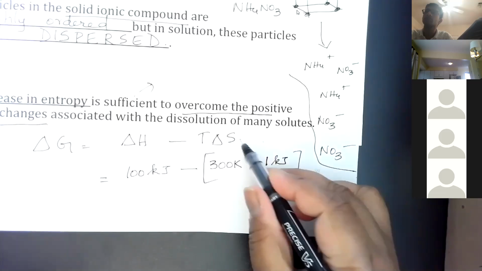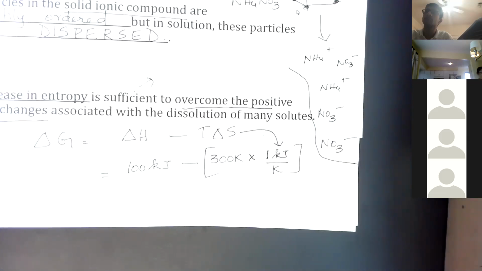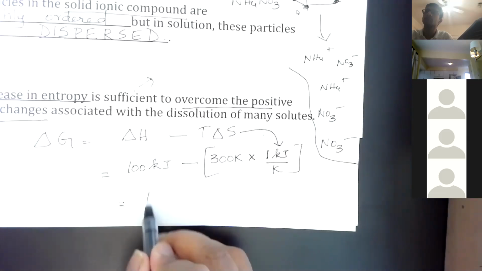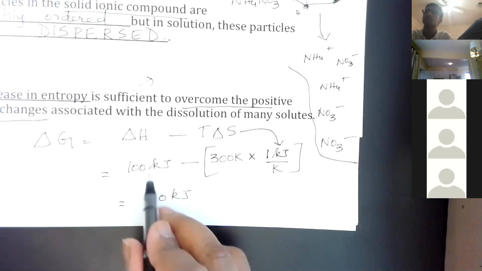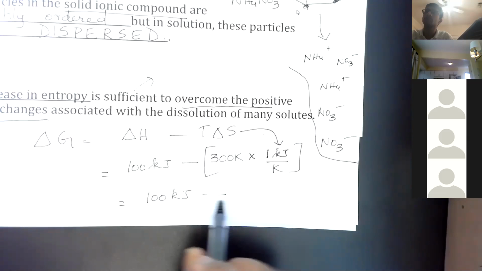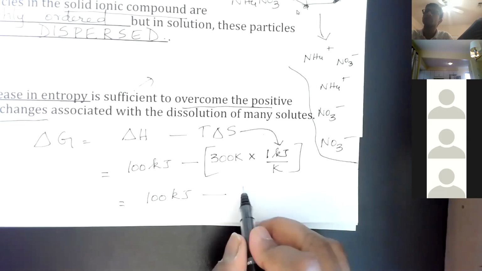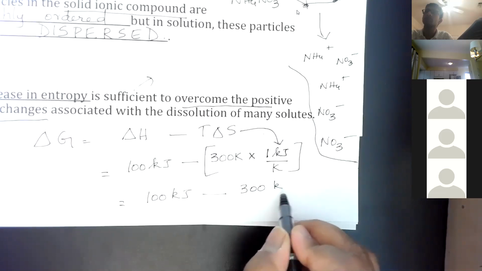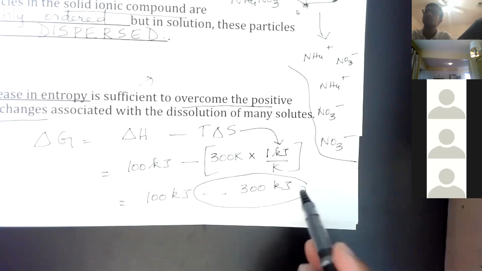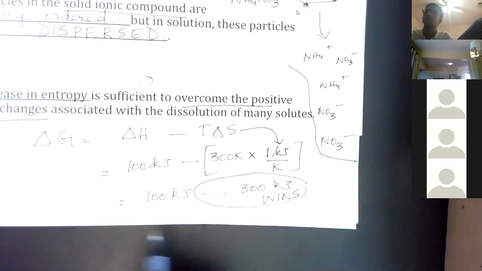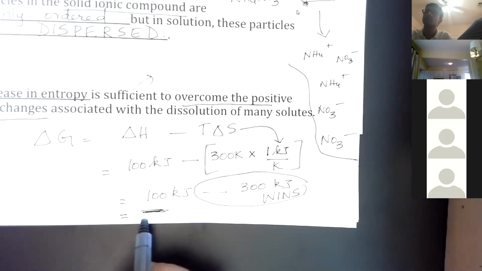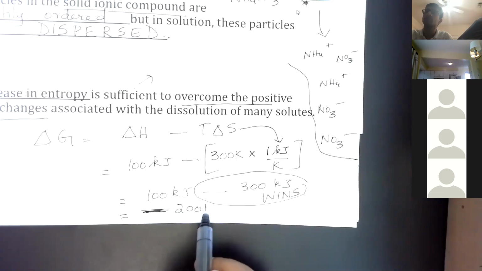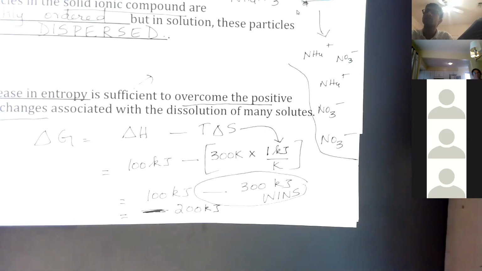Okay, delta S is 1 kilojoule per Kelvin. So let's look at the ultimate result. Yes, it did cool your hands quite a bit. Because this is multiplied by temperature, this guy ultimately wins. Because it makes the whole thing negative. Sorry, I don't like this pen. Okay.